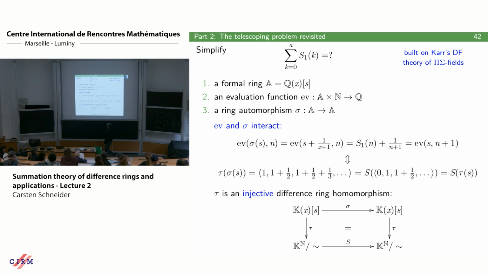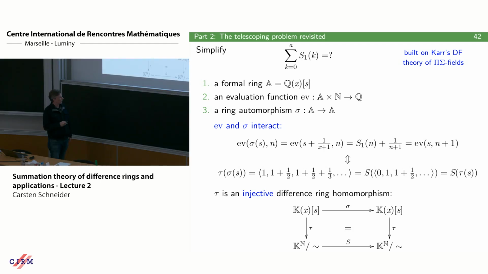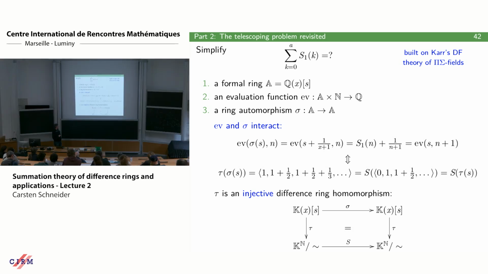And that implies I have here my formal ring, and I can shift back and forward. I can shift in one direction, I can shift backwards, and I can shift in the ring of sequences, shift the sequence to the left or to the right. Okay? And there is an injective map going from here to here. So I could either carry out operations here, or I could carry out operations in the image. And there's a one-to-one correspondence. And this diagram commutes. Okay?